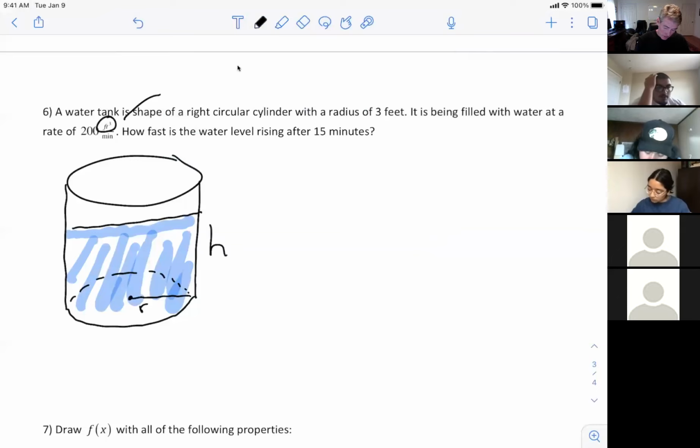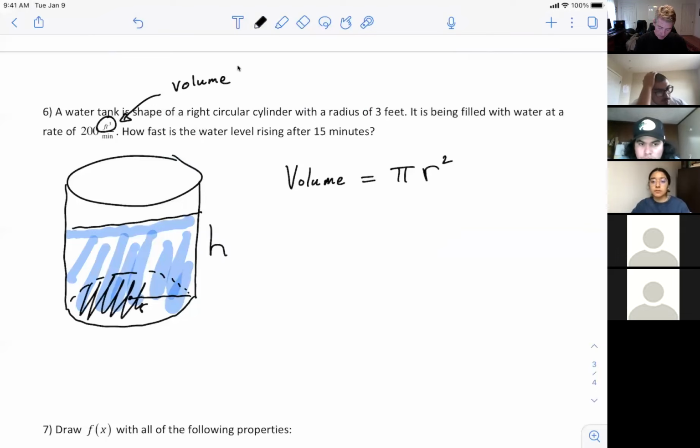Next, cubic feet. Well, cubic feet means volume. So then we need the formula for volume. Pi r squared is the formula for the area of a circle, so that finds the area at the bottom.